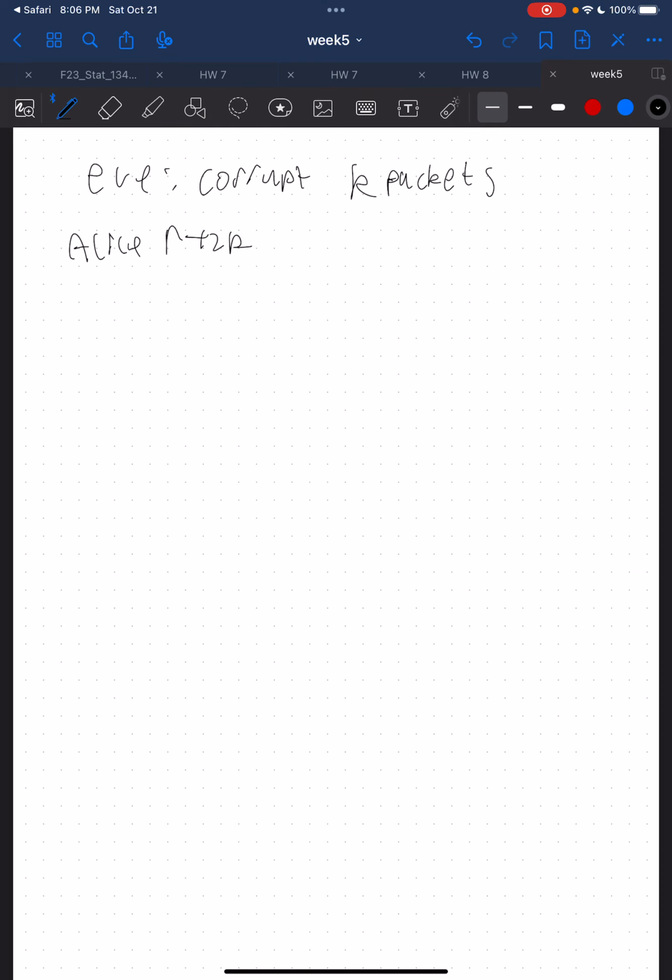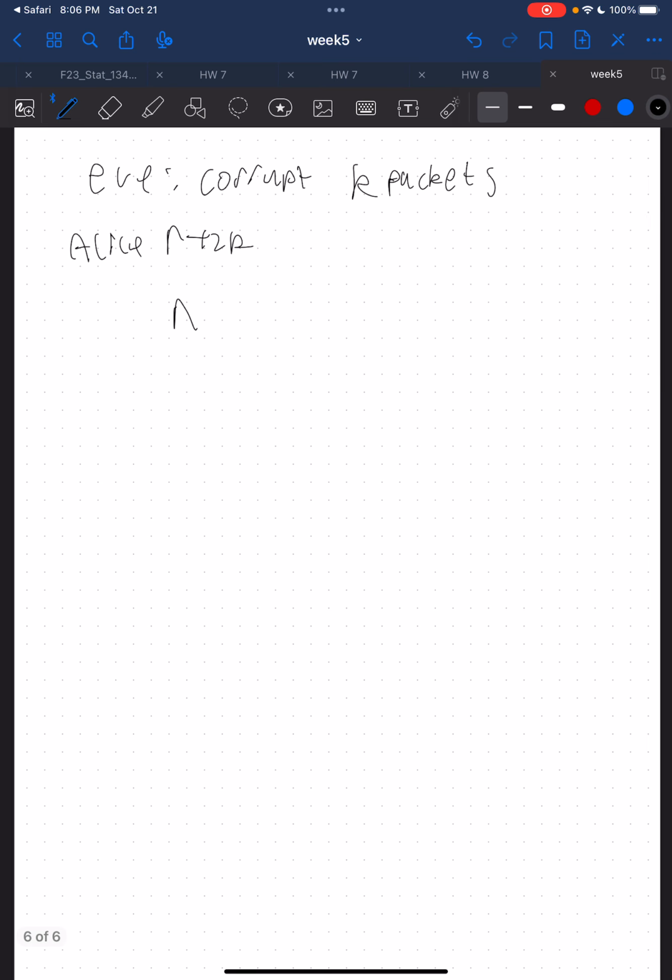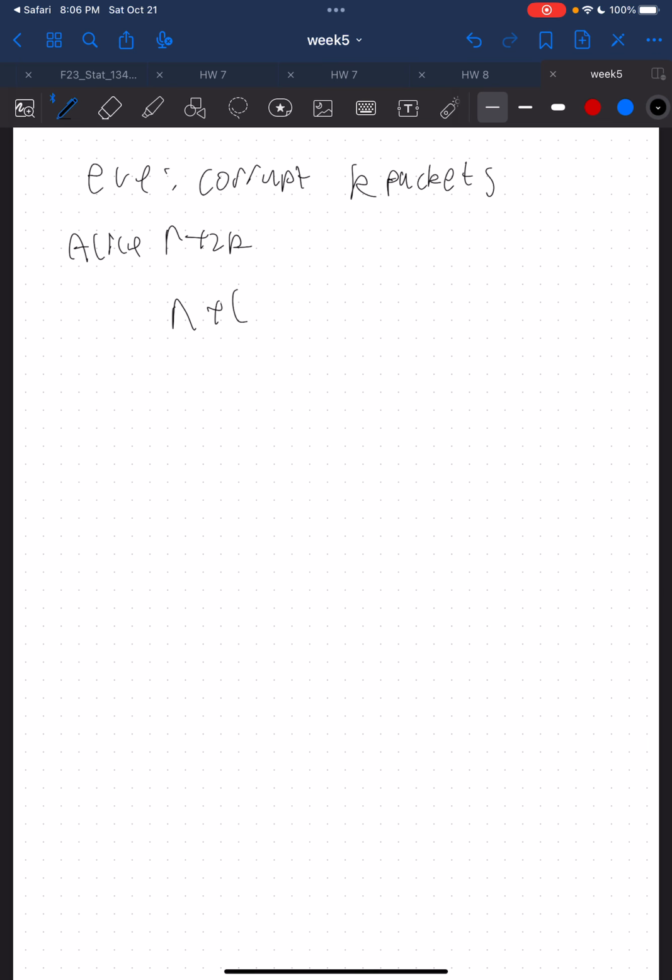So why is it n plus 2k? Why can it not be less than n plus 2k? Well, let's take the general case. First of all, Alice is going to have to send at least n packets to determine a message of length n. And then she's going to send some additional amount of packets, L, in order to account for this corruption.